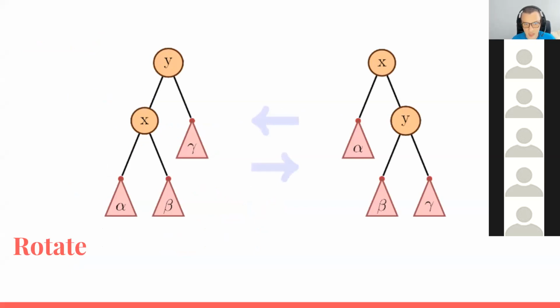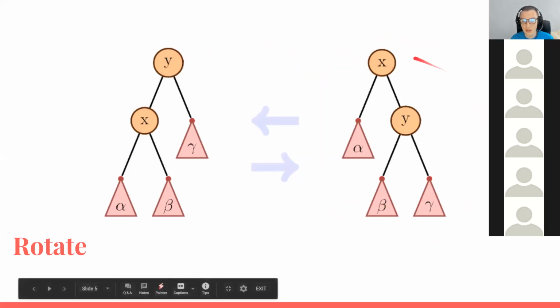Okay, so then if we want to push some vertex to the root, we should be able to rotate them. So if we have vertex x that we want to push, and it has some vertex y which is its parent, we should change it in some such way.